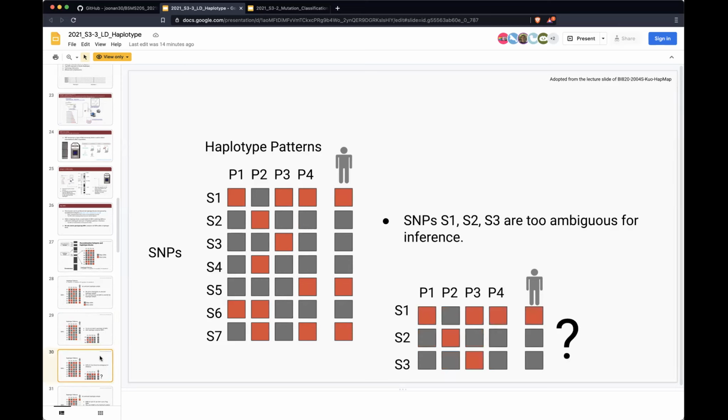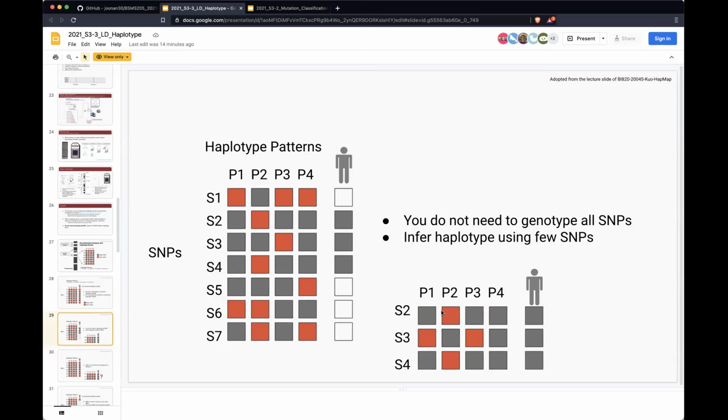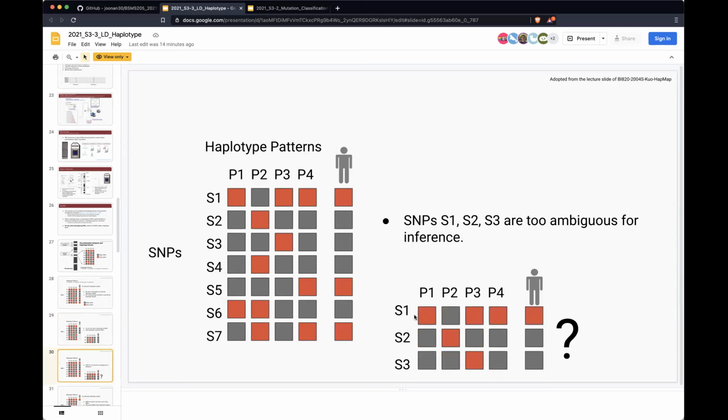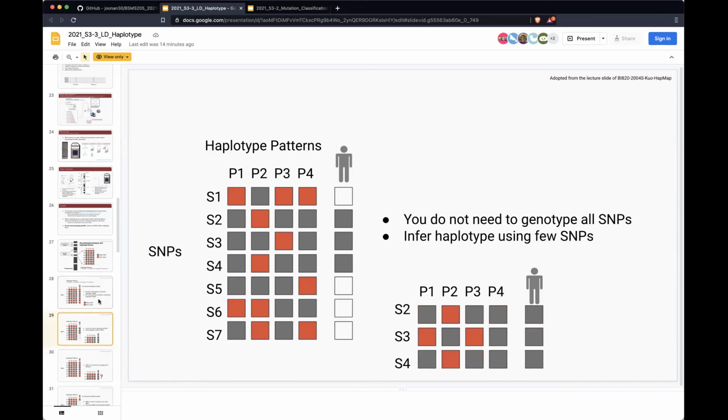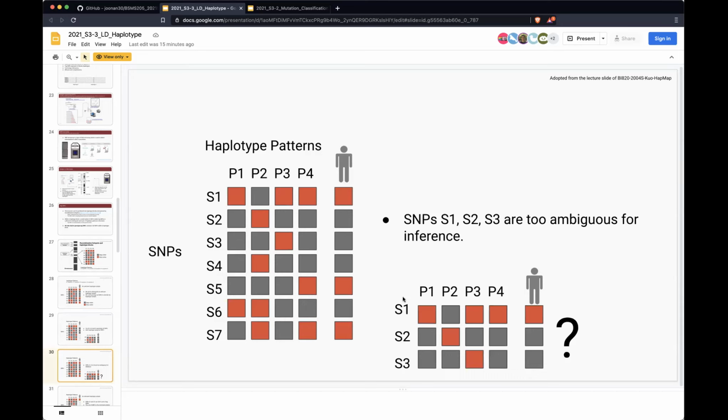And if you have the information on the 7th position, then you can infer some information, but this is too ambiguous for the inference. And if you look at SNPs 1, 2, and 3, this is also too ambiguous, because SNP 1 has the minor allele in populations 1, 3, and 4, right?